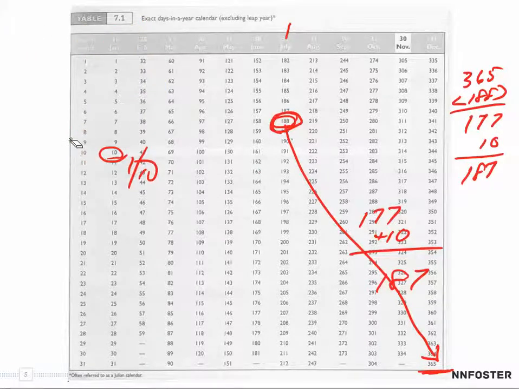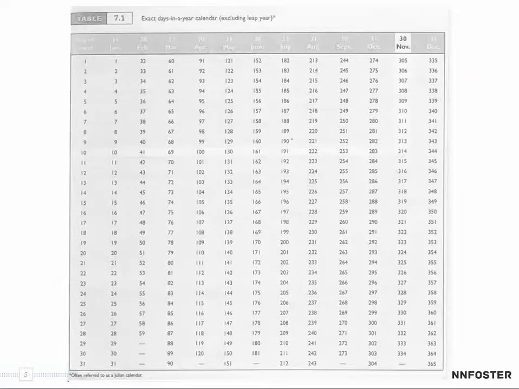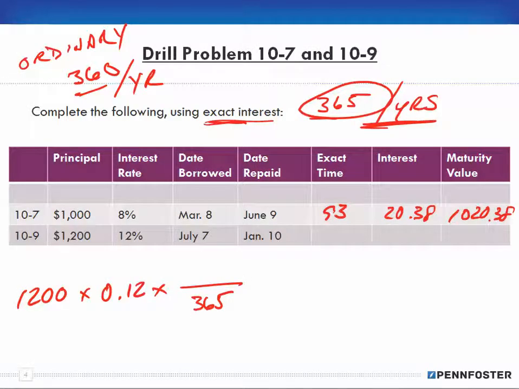Erase all of that and plug that into the problem. So 187. So I put the 187 in the numerator, and then it's just a matter of doing the math. 1200 times 0.12 times 187 gives me 26,928 over 365.